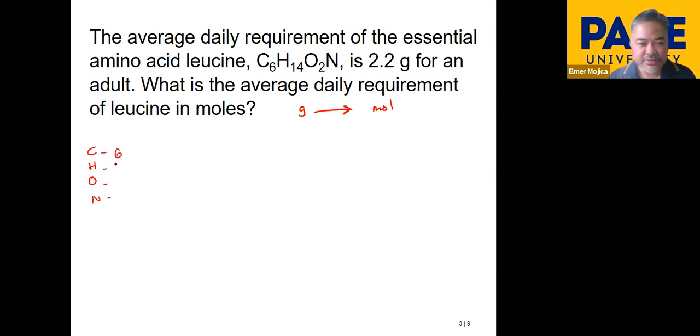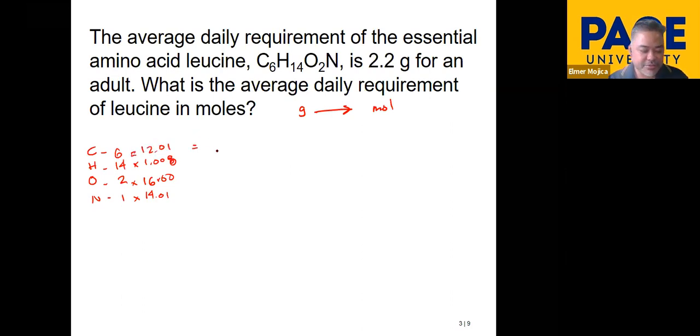So 6, 14, 2, 1, and then you have 14.01, 16, 1.0, if I'm not mistaken, trying to look at my notes just to make sure I do it correctly. 1.008, and this one is 12.01.